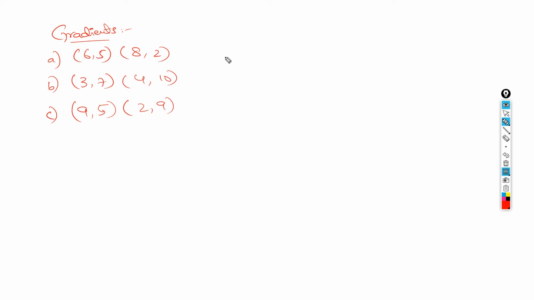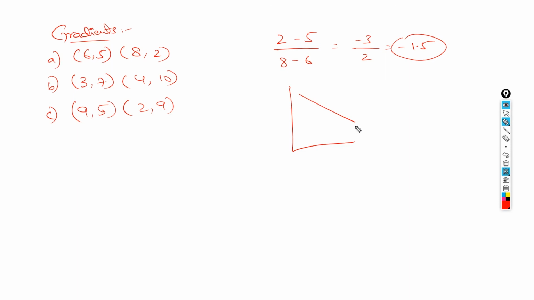So 6 and 5, 8 and 2. y2 minus y1, x2 minus x1. So y2 is 2, y1 is 5, over x2 is 8 minus 6. So I get negative 3 over 2, or negative 1.5 is my answer. I know already by seeing this answer that my curve will be a downward sloping curve. How downward sloping?